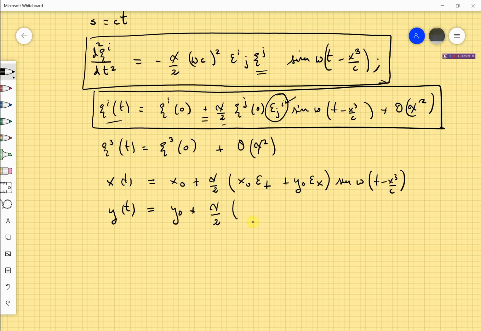And again, if this is 2, when j is 1, this is x0, but this is 21, this is epsilon x. And then when i is 2 and j is 2, this is minus epsilon plus, and this is y0. This is minus y0 epsilon plus, and with the sign.